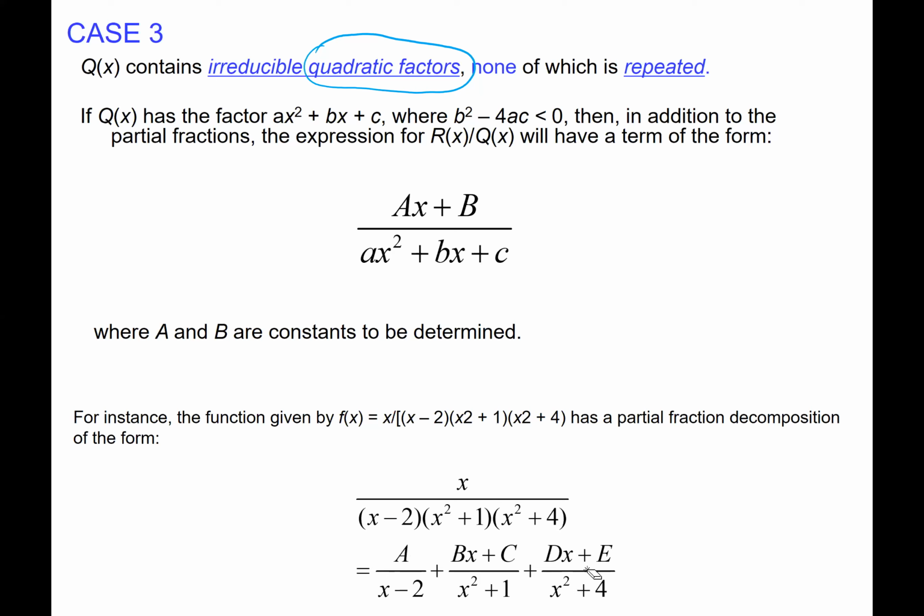And now, please notice that as soon as I have an irreducible quadratic denominator, then on the top, I can't just put constant, like a, b, c, d. Having the quadratic irreducible, I have to put a linear form on the top, like bx plus c, dx plus e, and so on.